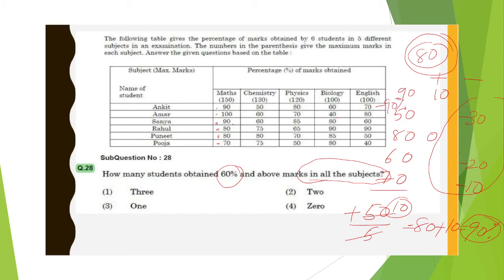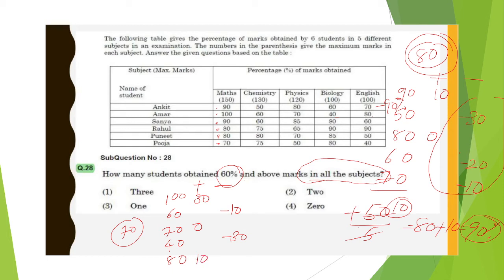Next Amar. Amar is 100, 60, 70, 40, 80. What is the very near number to all? Okay, I will take 70. Which are having more than 70, which are having less than 70. 100 is 30 more than 70. 60 is 10 less. 70 is equal. 40 is 30 less. 80 is 10 more.